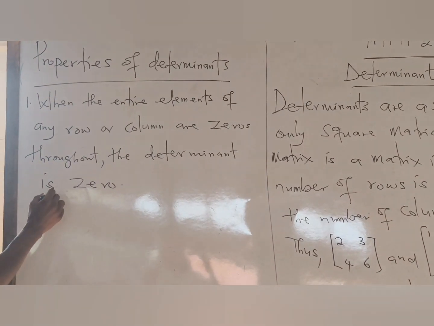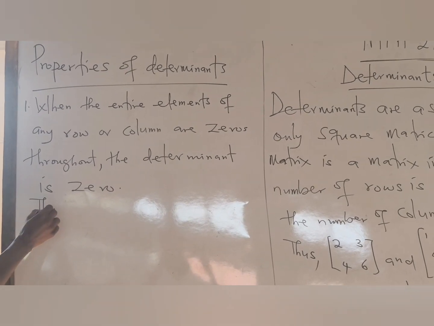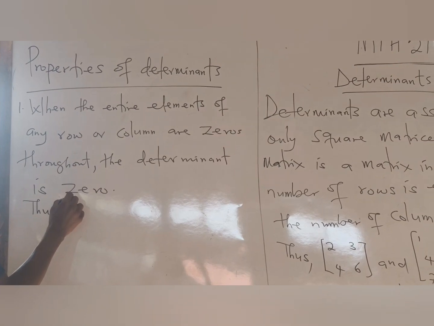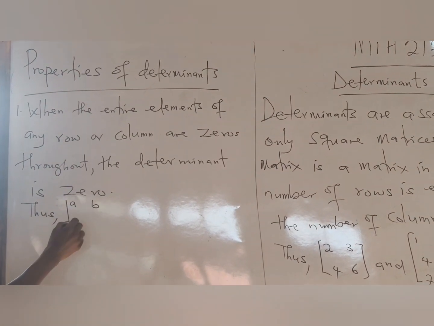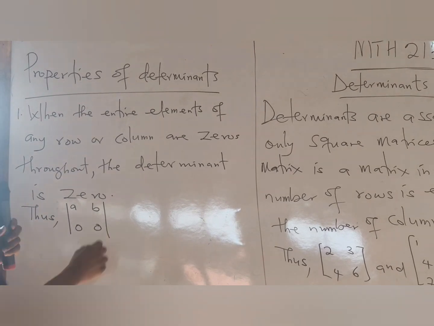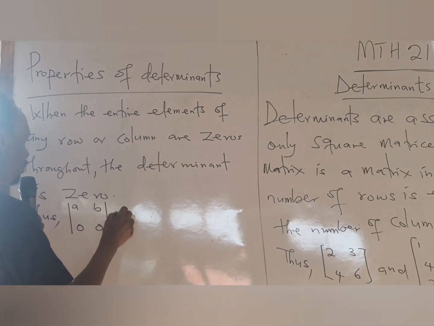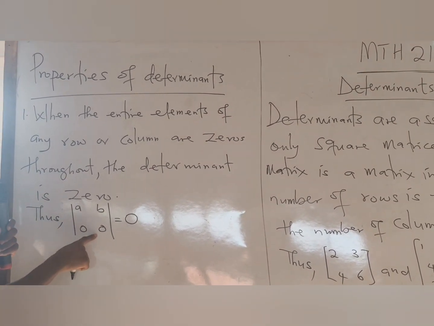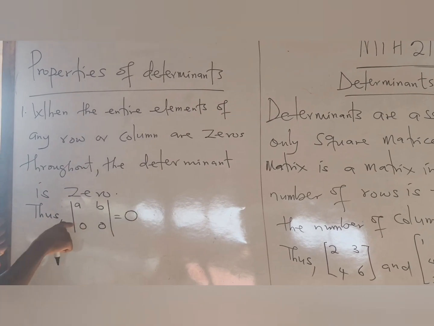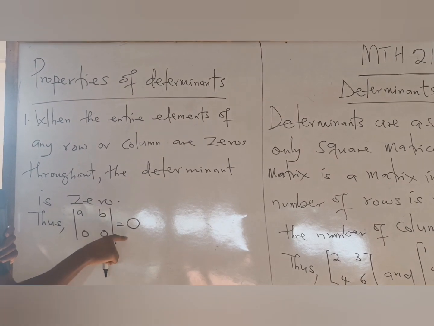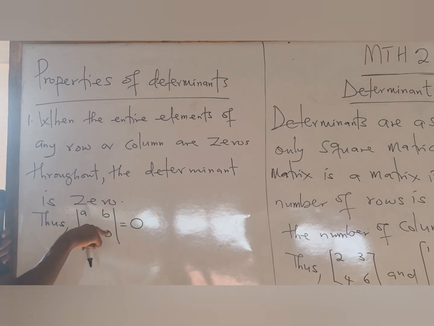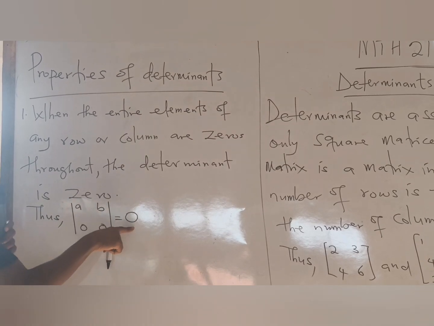This is what we mean. So when you have an entire row, this is a row. This first row, is that not it? This second row. So the second row are zeros, entirely 0 throughout. So once they are entirely 0 throughout, when you find the determinant, it will be 0. That's the rule.